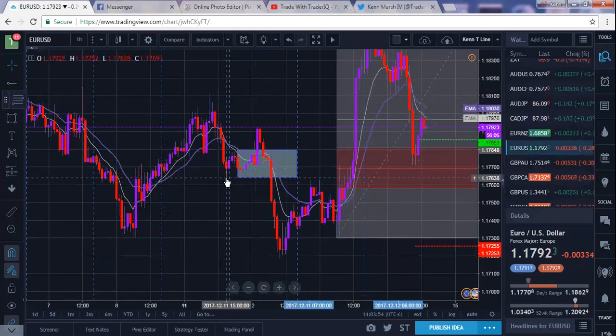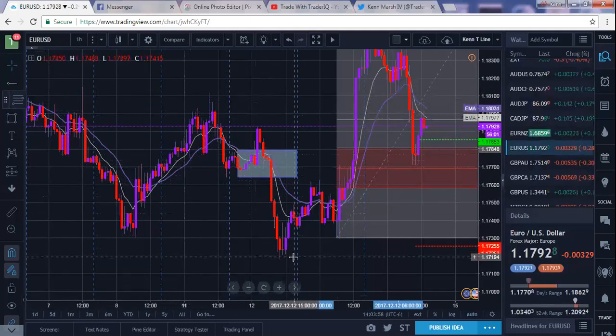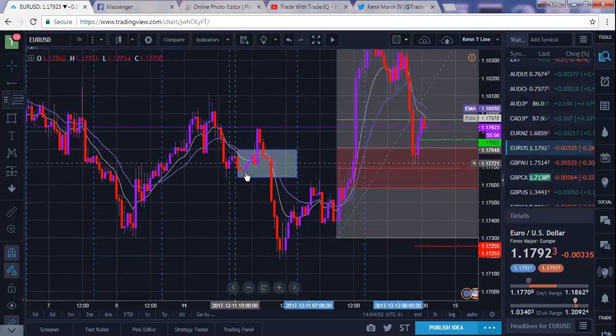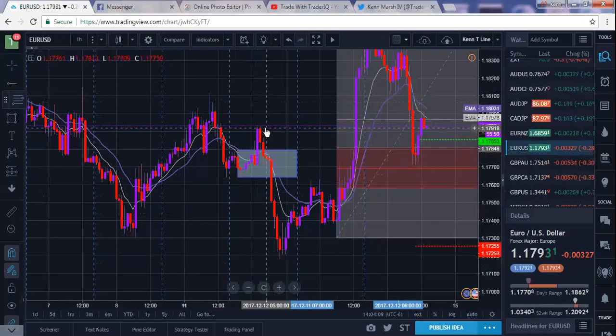What you typically are going to see if you're bearish in the market, and at this point we were bearish, is a move after 12 o'clock New York time, starting to move up into the high of the day for London, which is a fake out.